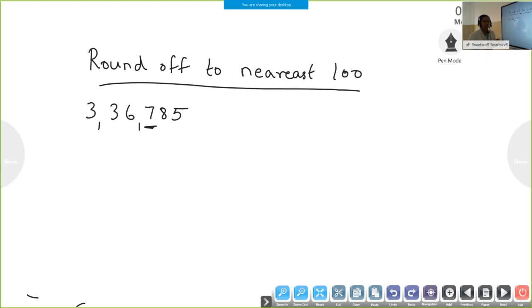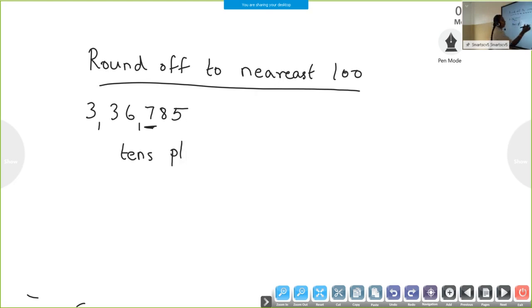Here we have to round off to the nearest 100, so we identify the digit just right of the hundreds place, which is the tens place.